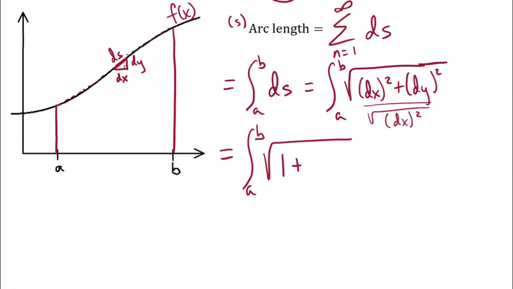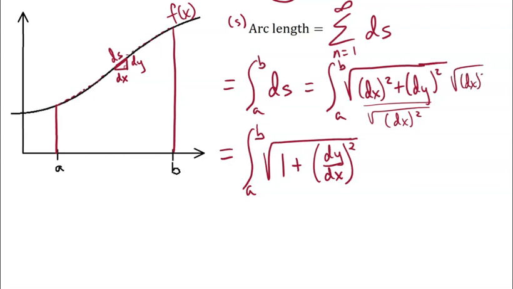Well, dy squared over dx squared is just dy over dx, squared, which we could also write as f prime of x. I'm going to actually do that in the next form. But then when we divide everything by dx squared, we can't just get rid of it, meaning what we're going to do is factor that to the outside.